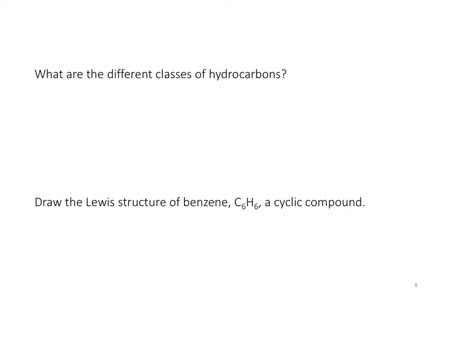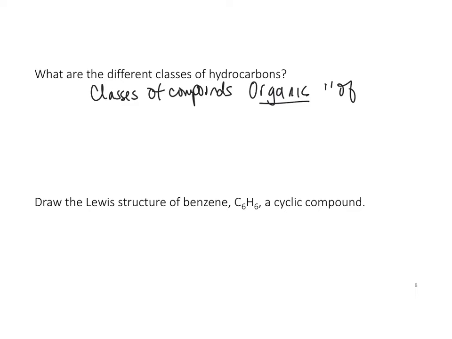What are the different classes of hydrocarbons? Okay, so when we need classes of compounds, these are your organic compounds. Organic means of the organ. And so this is in your body, and these are carbon compounds.